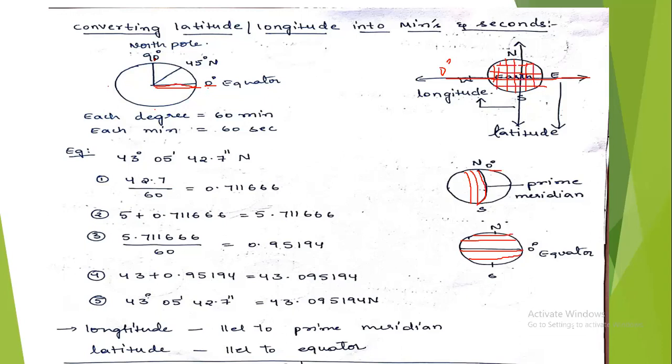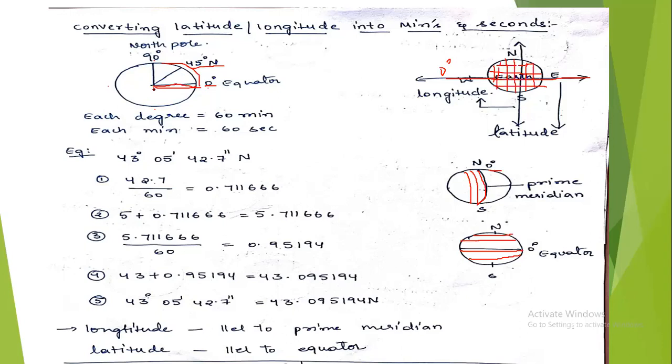Okay, so at the north pole it is 90 degrees. If it is taken as 0 degrees at the equator, we take 90 degrees at the north pole. So in between there is 45 degrees north, because it is located towards the north.